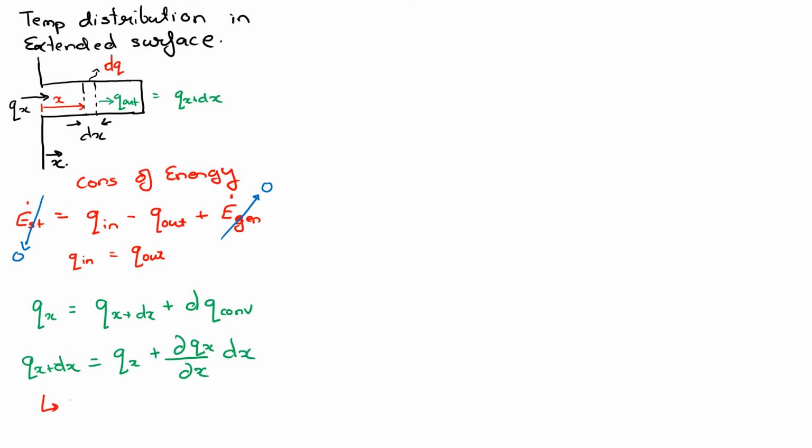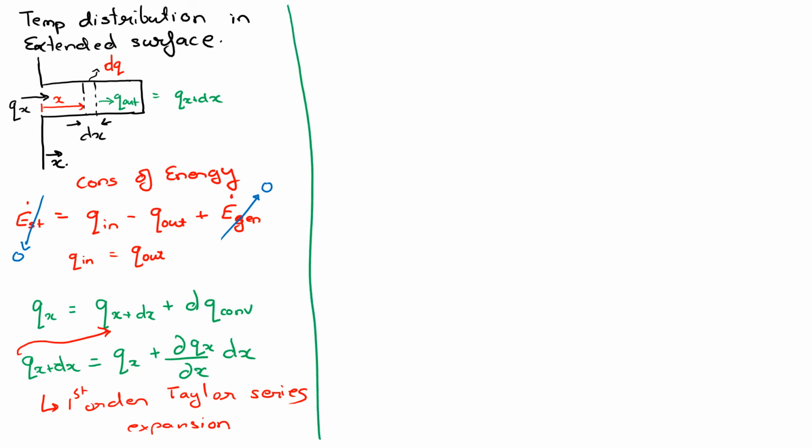So this is the first order Taylor series expansion. And we'll substitute this in here, and we'll get our Q of x, which is the left hand side. And on the right hand side, we'll have Q of x plus del Qx by del x times dx plus the convective term, which is dq convection.